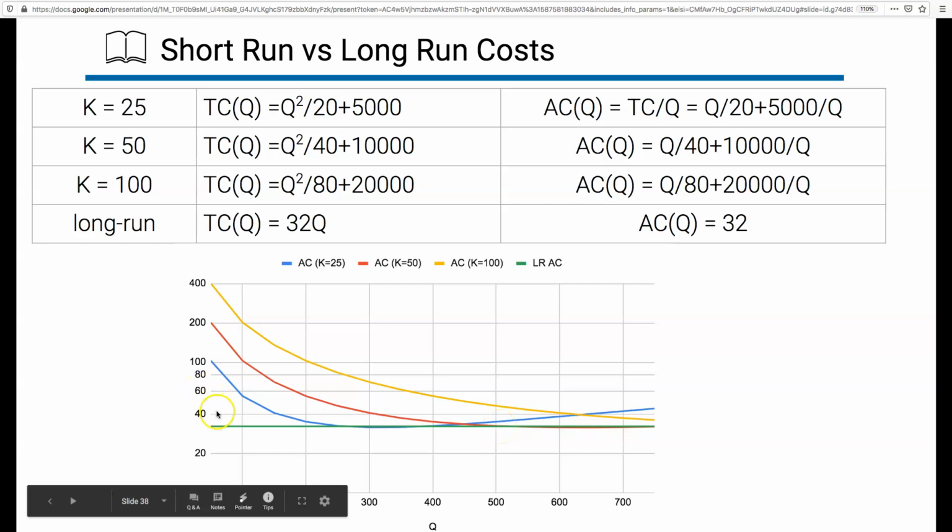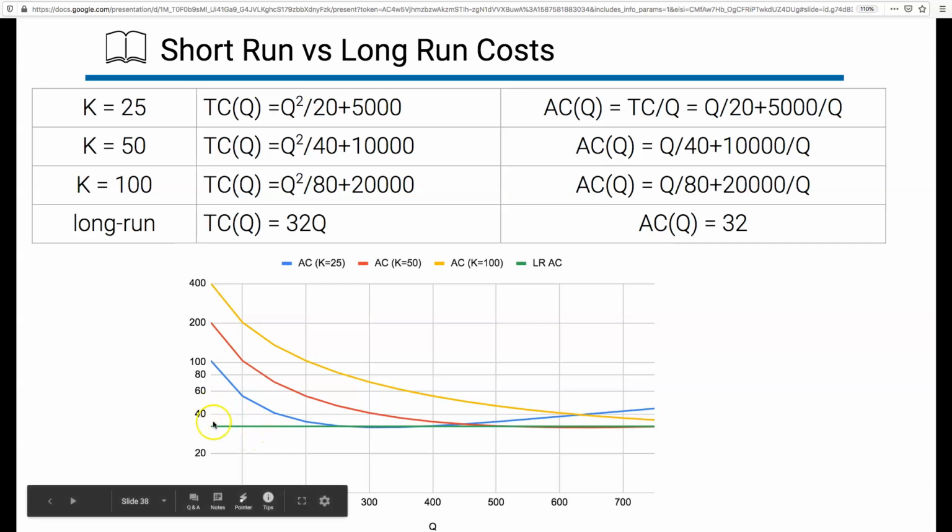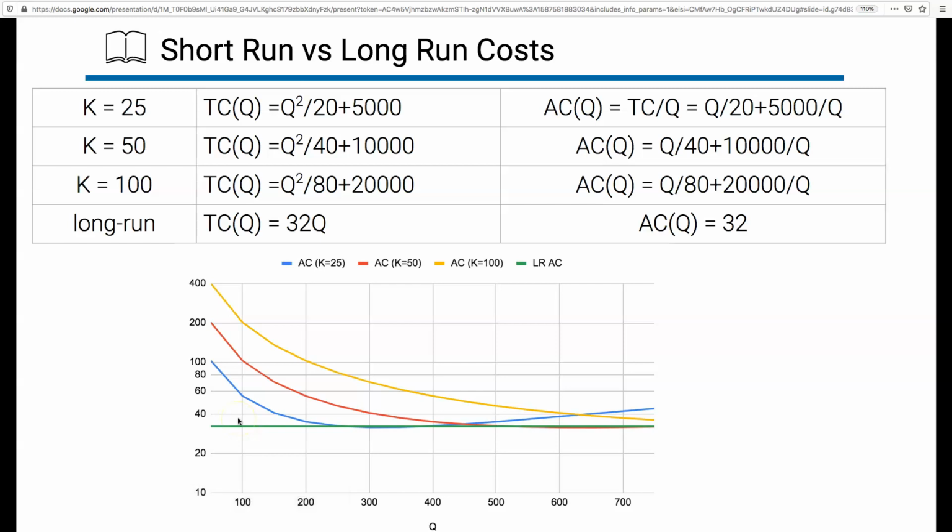So for each level of output, we'll pick a particular level of capital that corresponds to the lowest short run average cost ever. And so this simply means that the long run average cost curve is what's called the lower envelope. If you drew all possible short run average cost curves on the graph and then simply highlighted the minimum for every quantity, you'll get the long run cost curve.